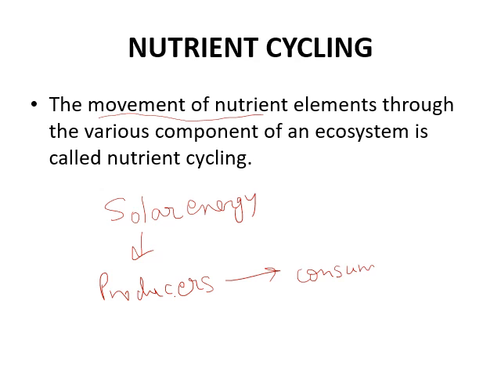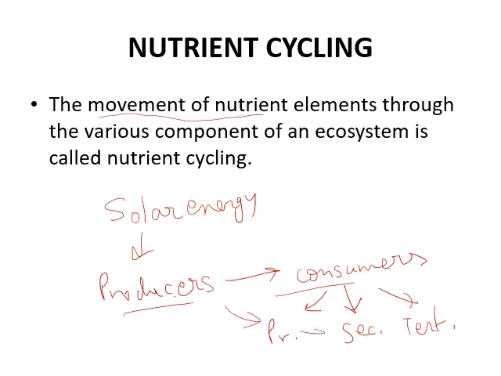There can be different categories of consumers also, like primary consumers, secondary consumers, and tertiary consumers. So there is flow of energy or nutrients from producers to consumers, through various trophic levels.